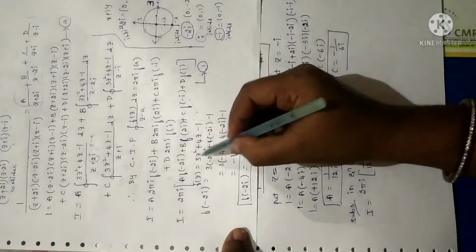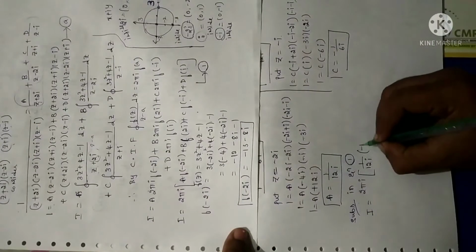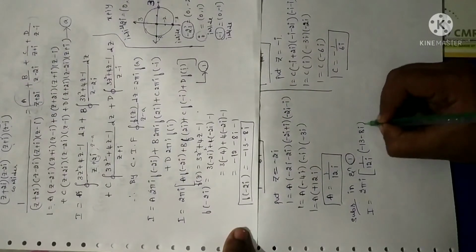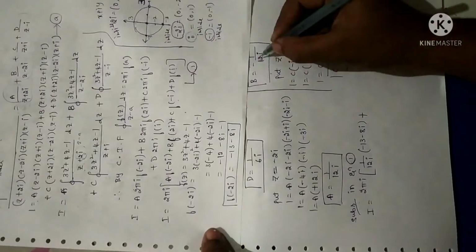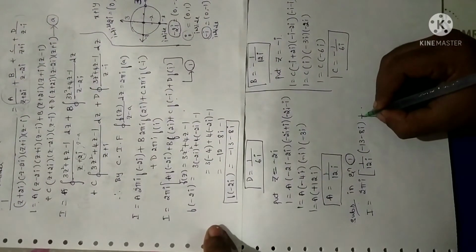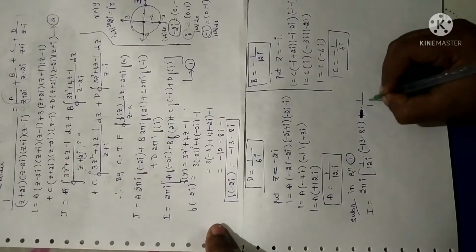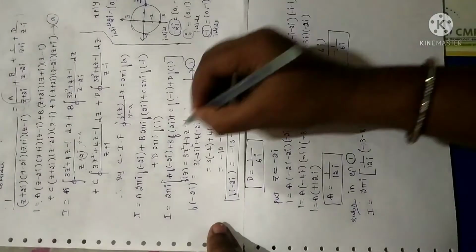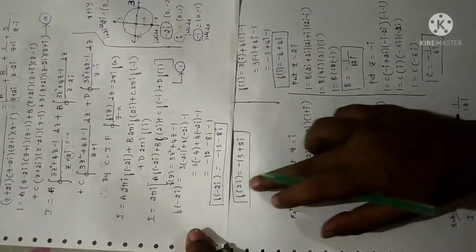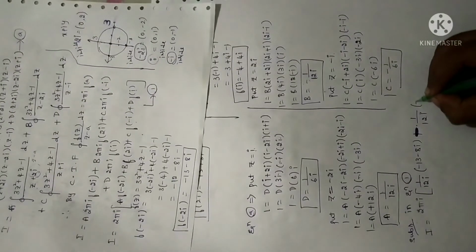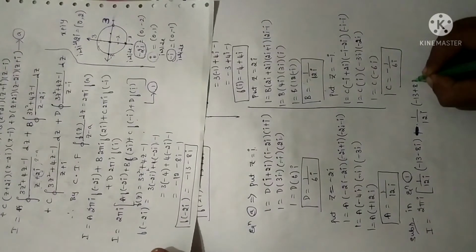F of minus 2i is minus 13 minus 8i, plus b value is minus 1 by 12i. So let me make it minus 1 by 12i. B value is minus, that is why. So f of 2i. F of 2i is minus 13 plus 8i.